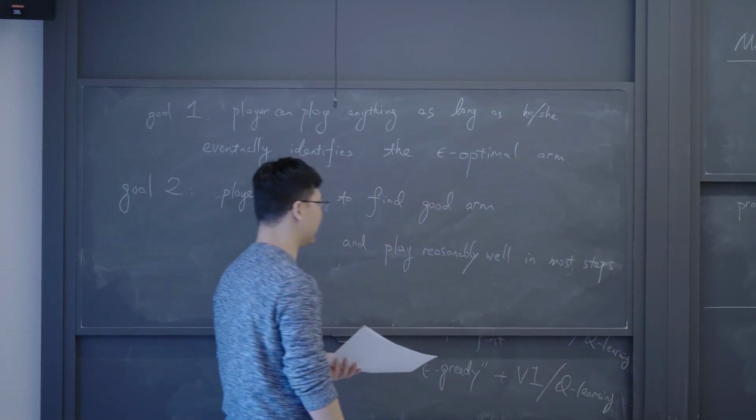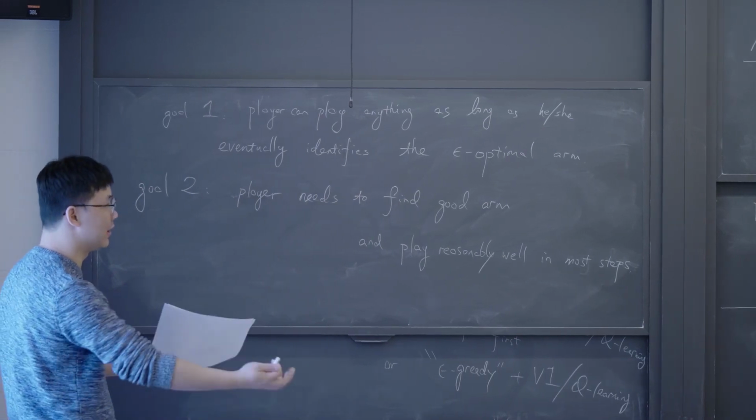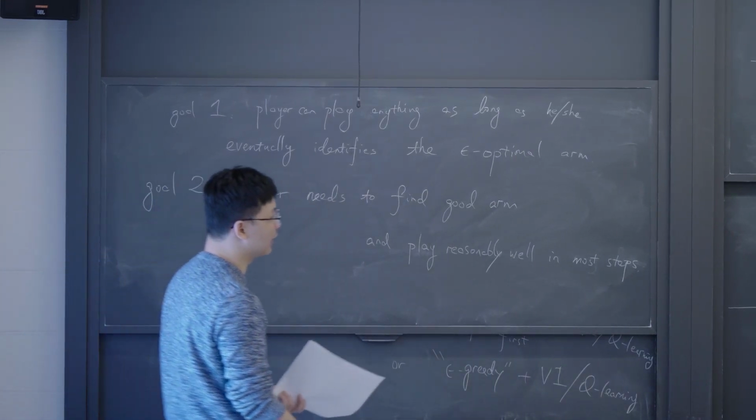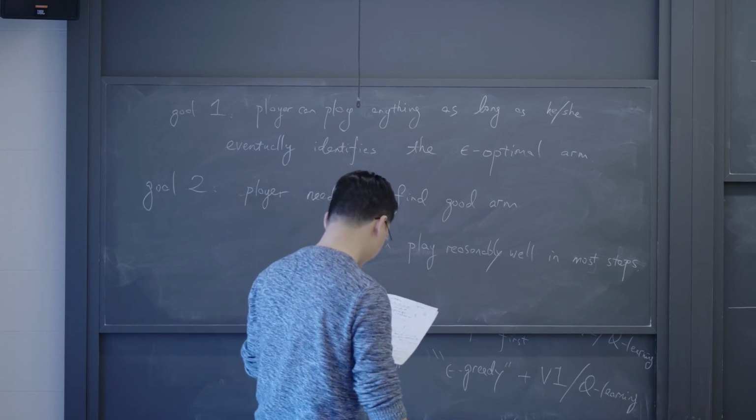So you cannot just play some terrible strategy in previous steps, and in the end realize what i star is. In that case, you pay some order t regret, which is not what you want.